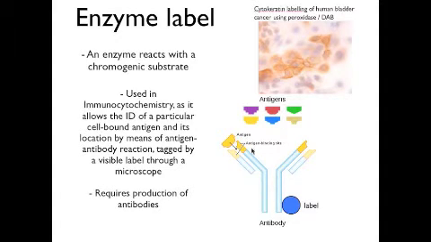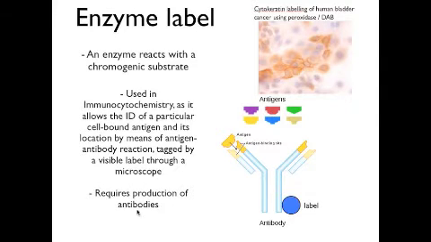And the antibody has a label attached to it. And what happens is that when the antibody and the antigen connect, when they react, the label will also react and it will become visible. And this can be seen through the microscope. This label is what makes it visible.